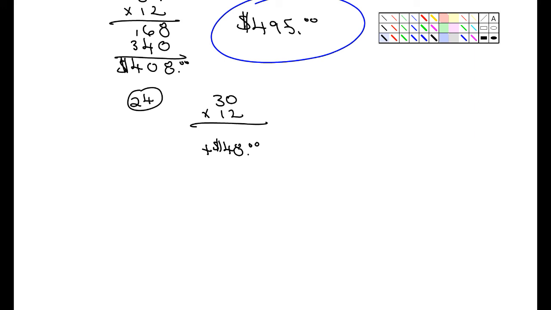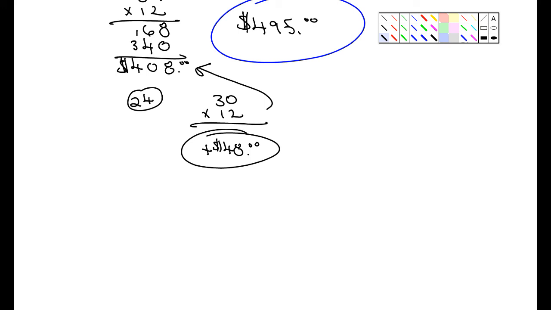And they're asking which is a better deal. Should she change her rental plan? Because we decided that it was cheaper for her to rent. So do 12 times 30 and then add $48, and see what would be a better cost for her.